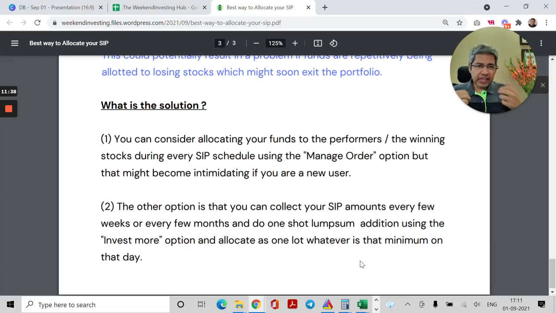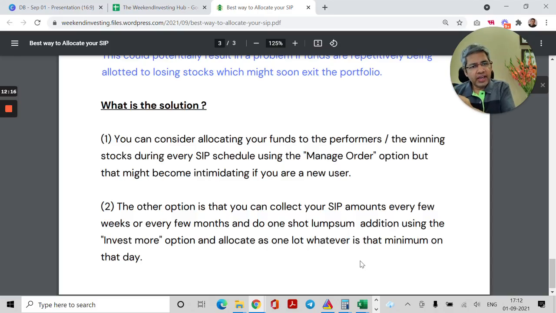The other option which I personally like is don't do the SIP. Instead, you accumulate your money elsewhere. Let's say in the Free NG 50-50 strategy, and you accumulate SIPs. Once you have enough SIP amount which can be added in an invest more fashion, say the smallcase has a 1 lakh minimum and you are doing a 20,000 SIP, so you accumulate 20,000 either in your bank account or in a strategy like NG 50-50.